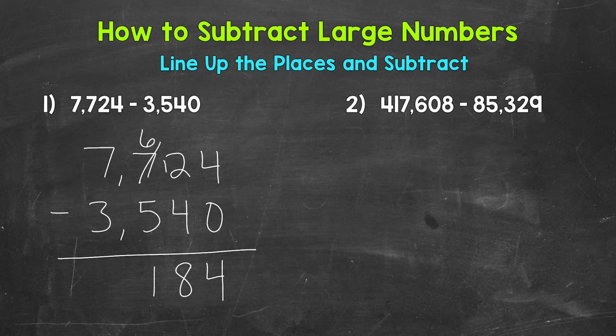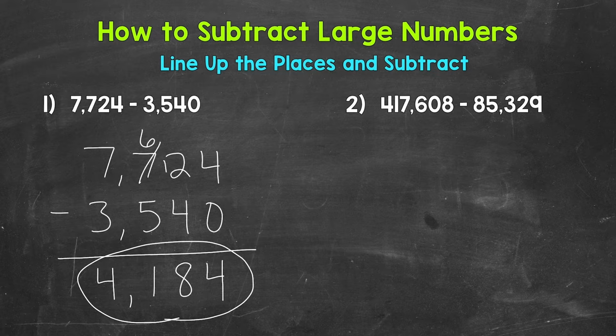And then lastly, we have the thousands place. 7 minus 3 is 4. We can place the comma in our answer, and we end up with 4,184.